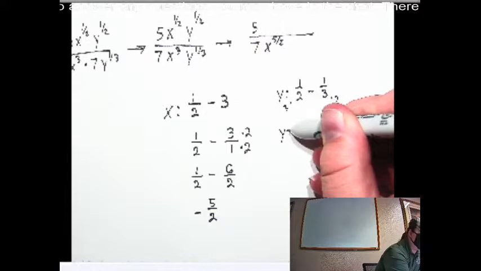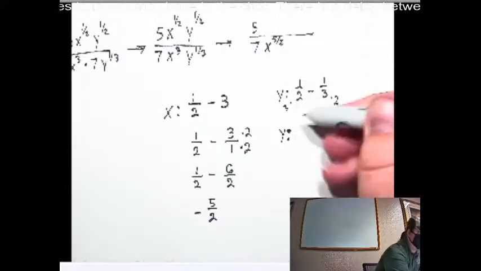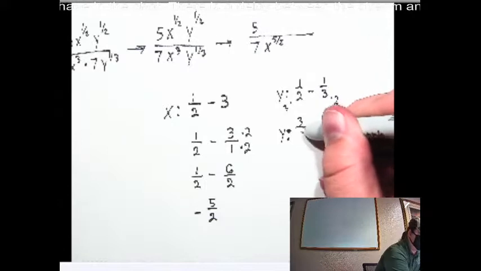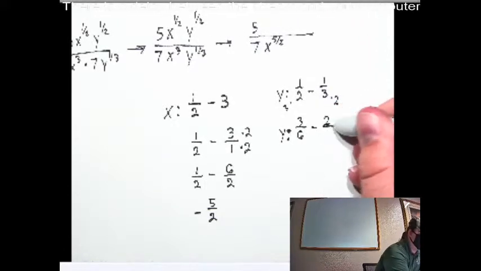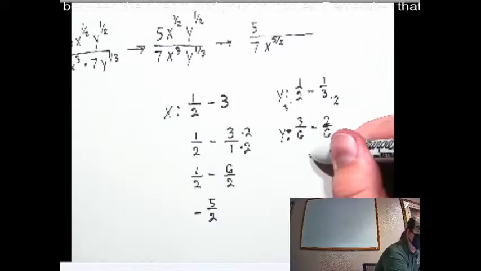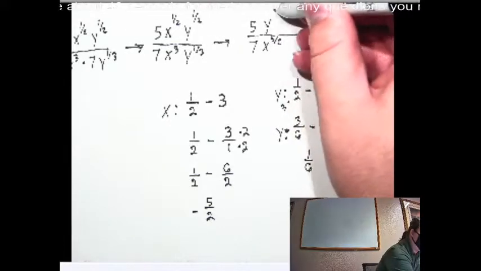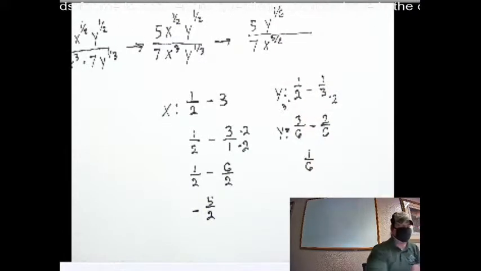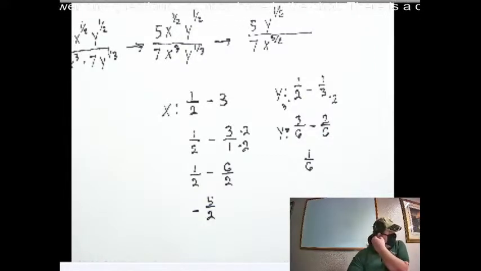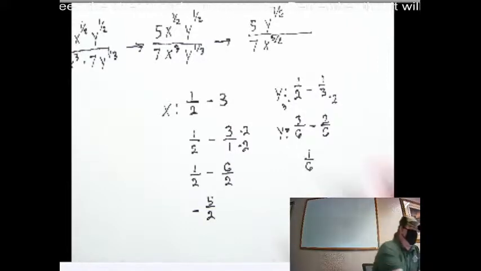That's going to give us 3 over 6 minus 2 over 6. And if we subtract those, that gives us positive 1/6. So we have 1/6 on y. Where's it going to be? Top or bottom? Top, because this is positive. So we have y to the 1/6 on top. And 5/7, we're going to have to basically keep it that way because we can't reduce that any farther. 5 and 7 don't have anything in common and they don't divide evenly. So this would be our answer.